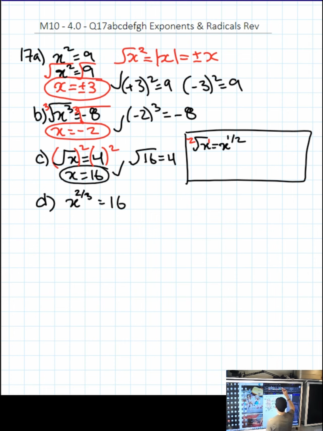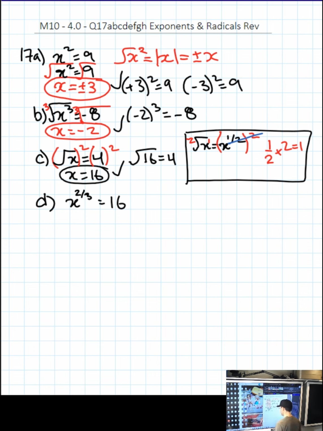We're really squaring it because we're putting brackets surrounding it and squaring it. Because 1 over 2 times 2 is equal to 1, we can cancel the exponents and the answer is just x.